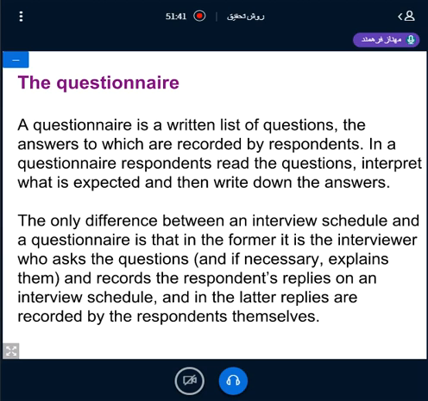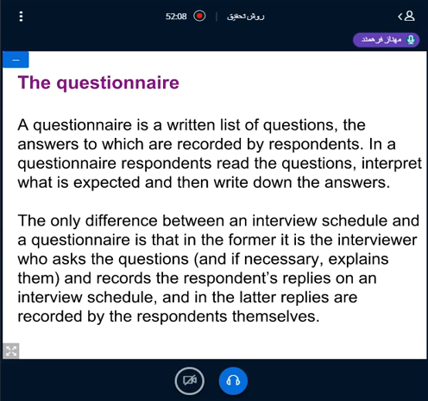A questionnaire is a written list of questions, the answers to which are recorded by respondents. In a questionnaire, respondents read the questions, interpret what is expected, and then write down the answers.